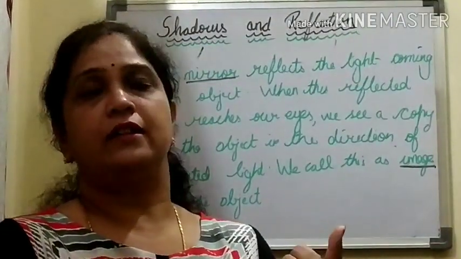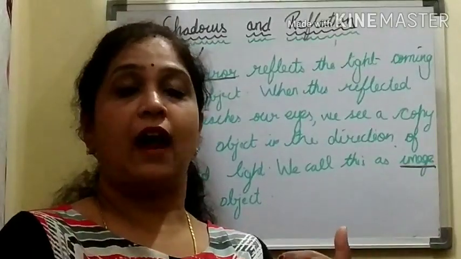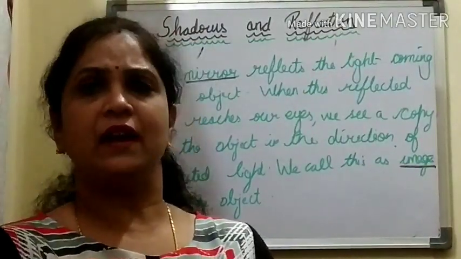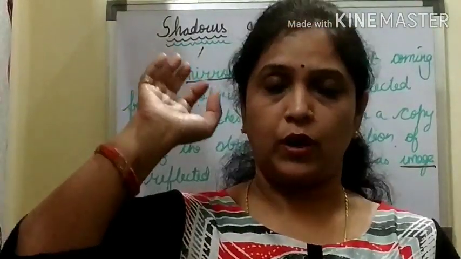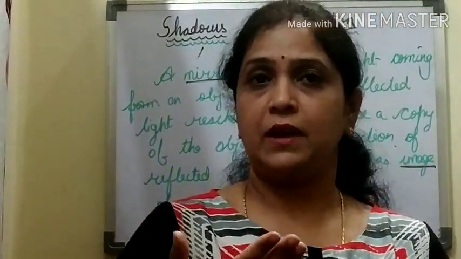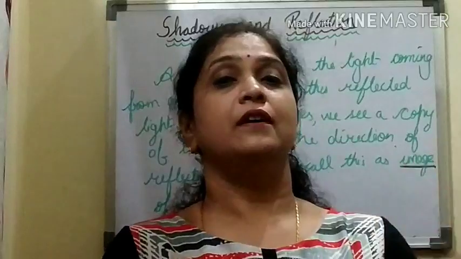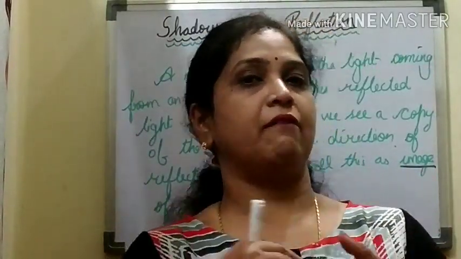And the third one is the image is laterally inverted. What is meant by laterally inverted? Suppose you lift your right arm. You feel that your image is lifting the left arm. This phenomenon of left appearing right and right appearing left is known as lateral inversion.